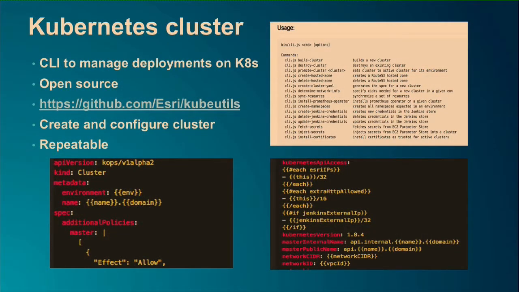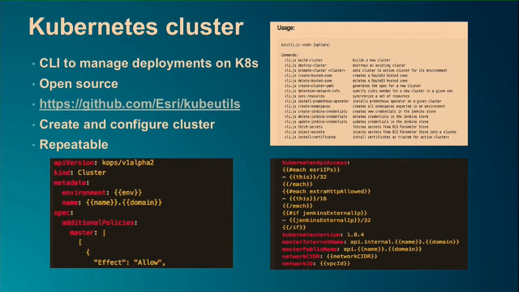I'm going to talk a little bit about the Kubernetes cluster. We've set up the Kubernetes cluster on AWS using a command line tool, of which kubeutil was a spin-off. As you can see in the top right corner, this command line tool provides multiple functions like create a new cluster, destroy the cluster, or create a hosted zone, and so on.